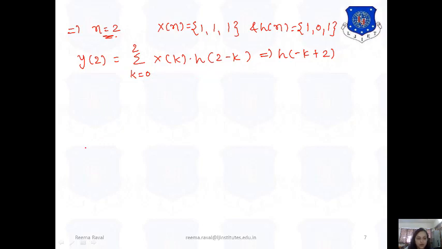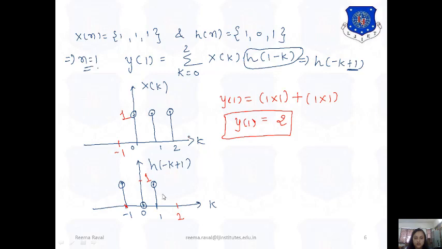So now let us plot that. So here it is, h of minus k plus 2 versus k. So as you can see, in the previous one, h of minus k plus 1 had the instants minus 1 0 1. Now it will shift by 1 to the right side.